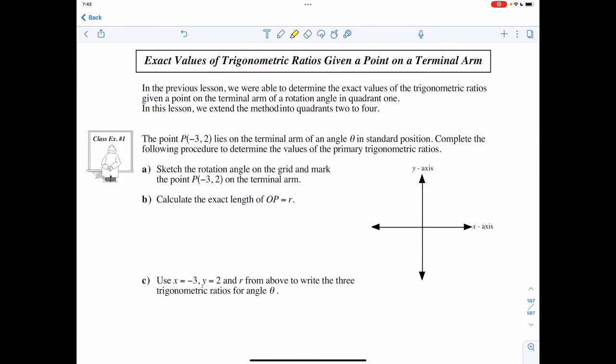So, for the first part, doing exact values of trig ratios given a point on a terminal arm. You are definitely going to be asked about this. So first thing, we take the point, we're going to draw the point on our axis. Point P, which is -3 and 2.